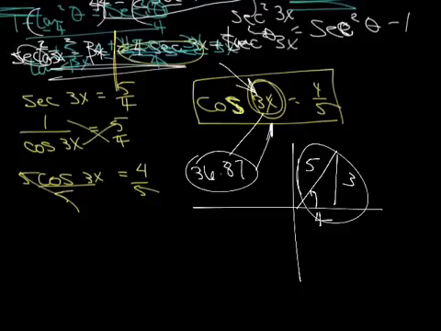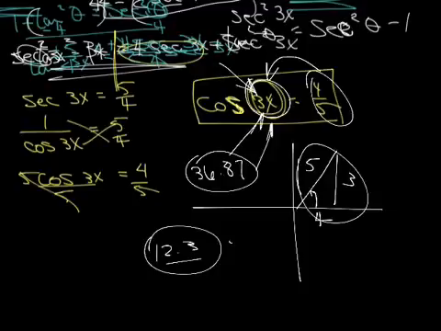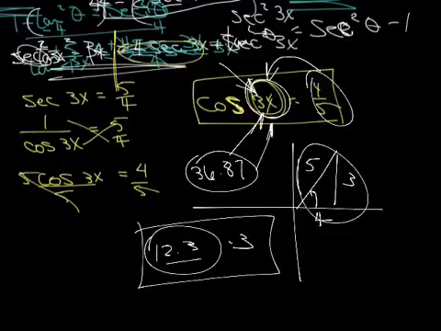So that angle is what 3x is. So if I divide that by 3, that's going to give me a 12.3 degree angle. So see how that works? This ratio right here is the cosine of 3x. So the angle times the 3, take the cosine of that, is going to give you 4/5. So if you get that much of it, I'm going to feel pretty good about it.